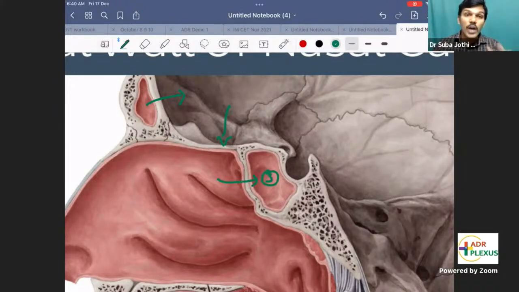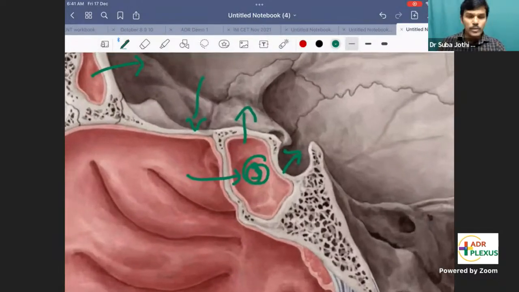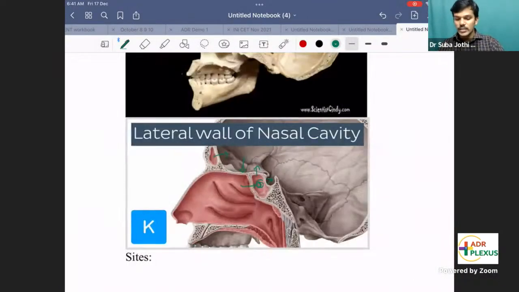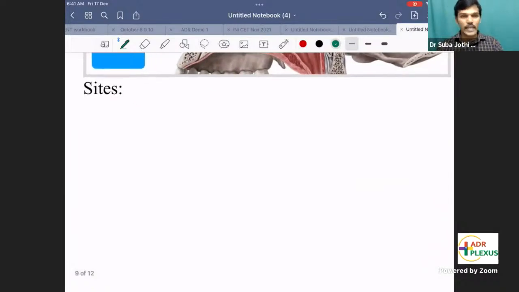In fact, you can't do a sphenoidotomy without removing the ethmoid air cells. Only if you remove the ethmoid air cells can you go into the sphenoid sinus. So the sphenoid sinus alone is related superiorly and posteriorly with the cranium: superiorly with the middle cranial fossa, posteriorly with the posterior cranial fossa. Clear? So the sites of leak we have studied.